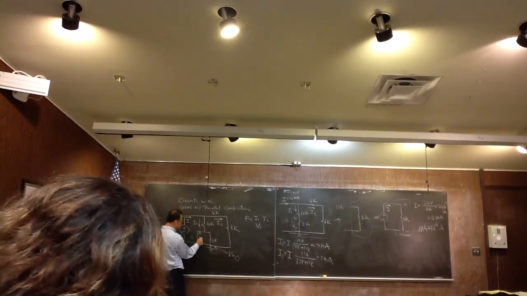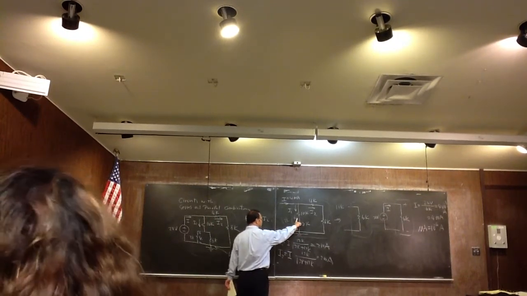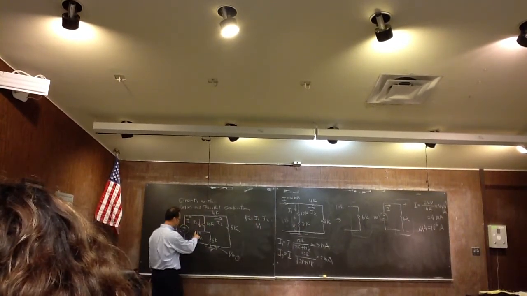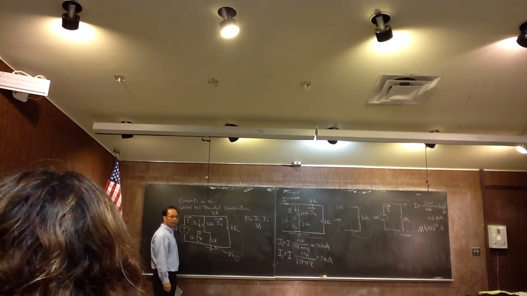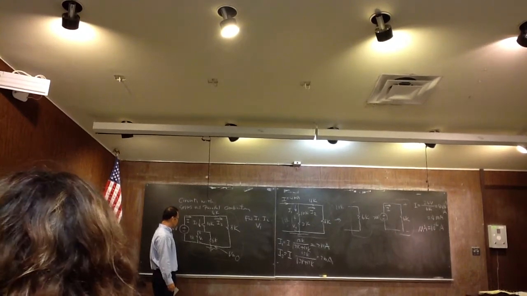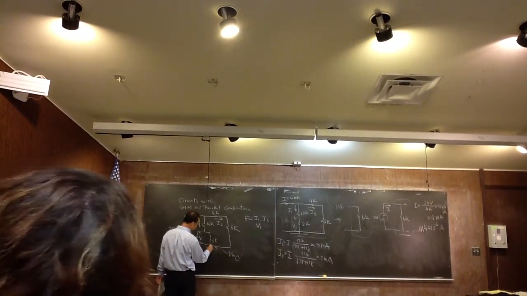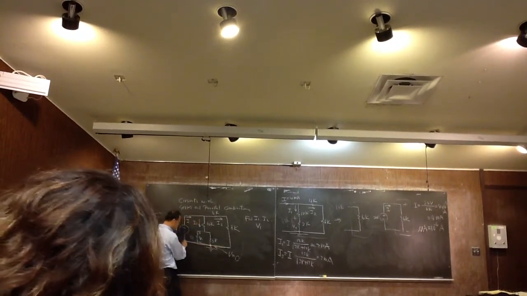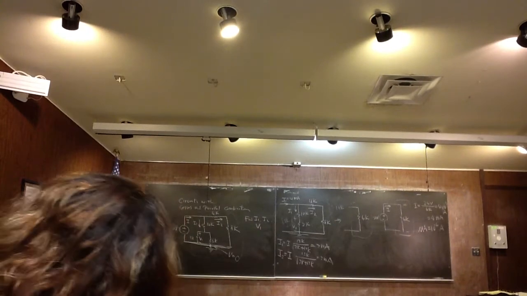Because if you make the two combinations into one, the voltage across this one should be the same as the voltage on each one of them. Does the ground have any effect on the 6K voltage? No, the ground means that the voltage on this node is 0, that's all. There's nothing to use.